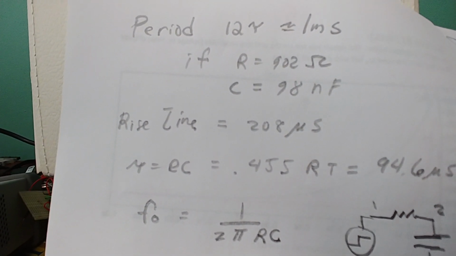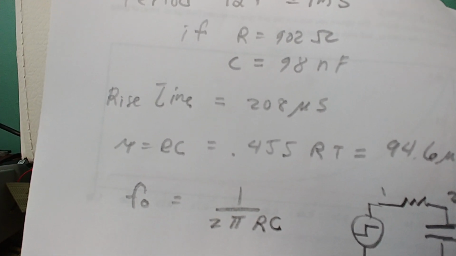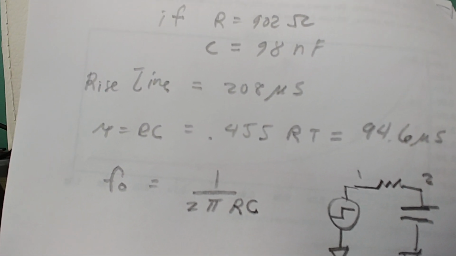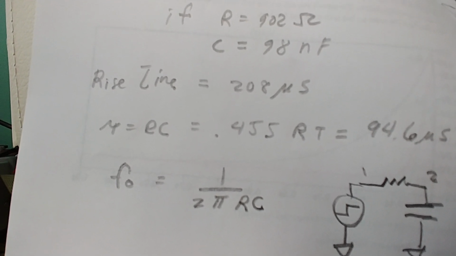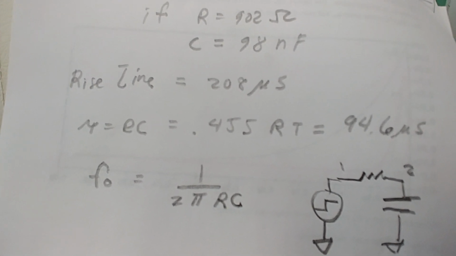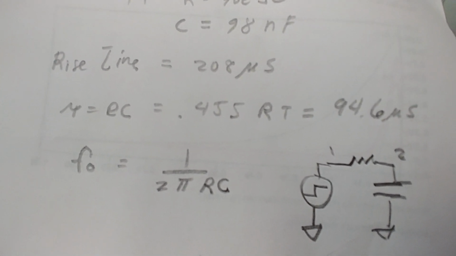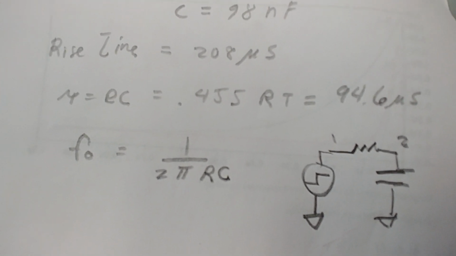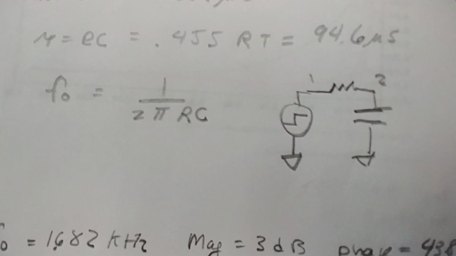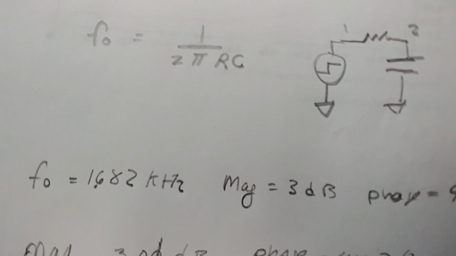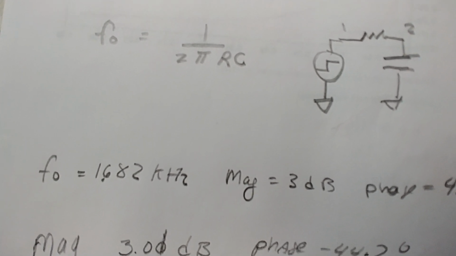All right. So now that we've got a rise time, we can come over here. I measured 208 microseconds, and we can take the rise time and multiply that by 0.455 to get tau. There's a derivation there that you can look up. So we get about 94.6 microseconds, and then if we calculate the cutoff frequency, we get 1.682 kilohertz.